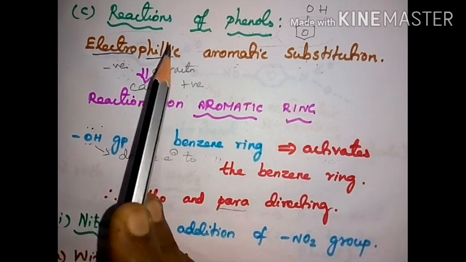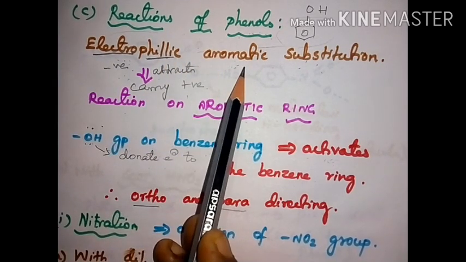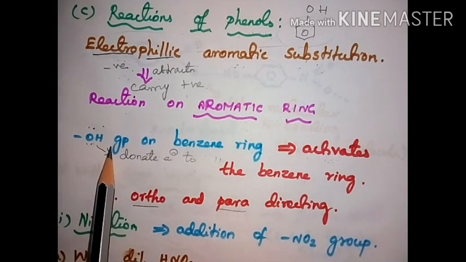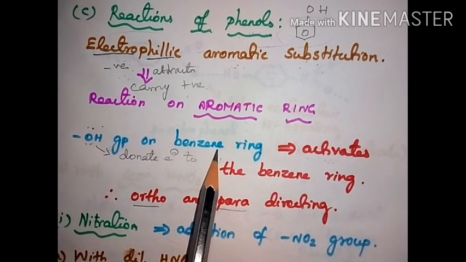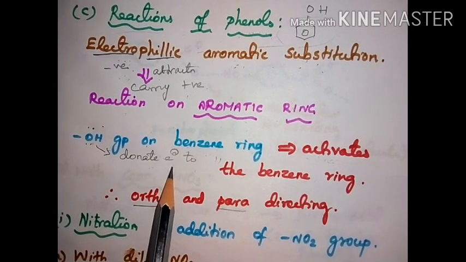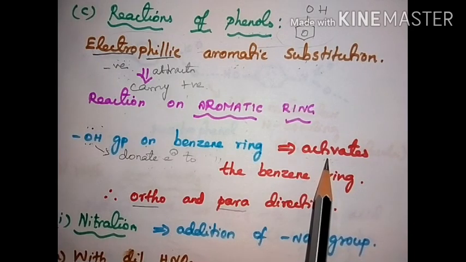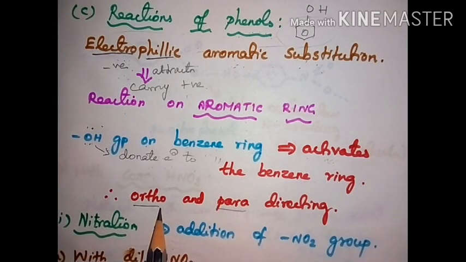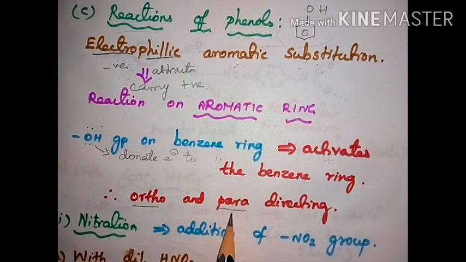That means while studying the electrophilic aromatic substitution reaction, first we must find which group is attached to the benzene ring, and whether it donates electrons to the benzene ring, that is, activates it. Activates means the electrophile goes to which position? Ortho and para positions.